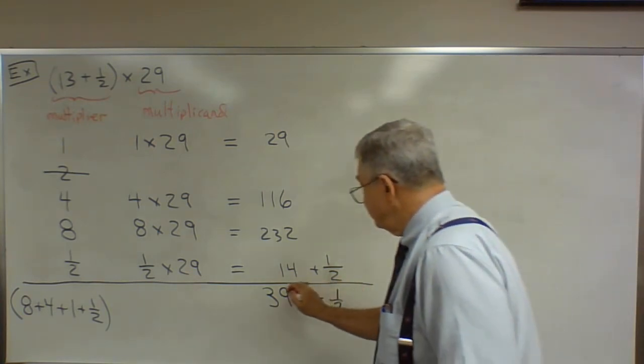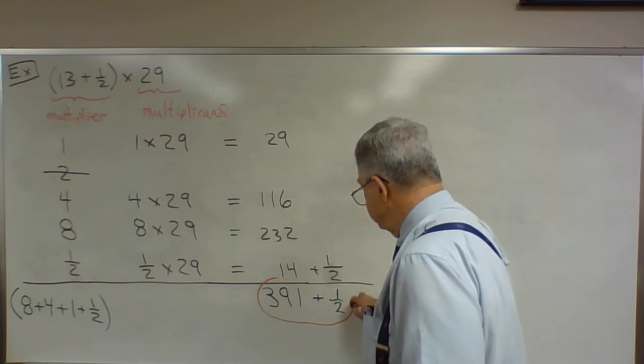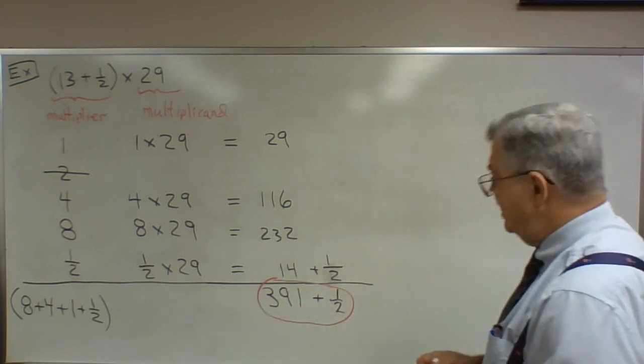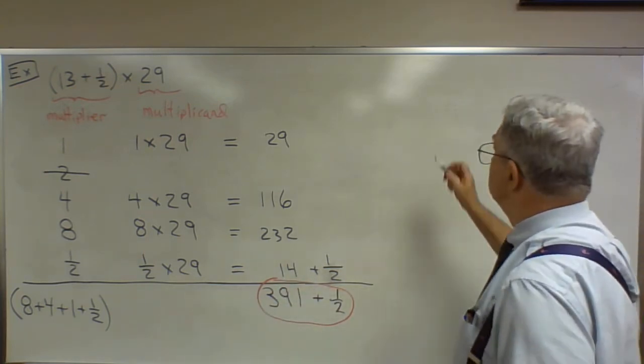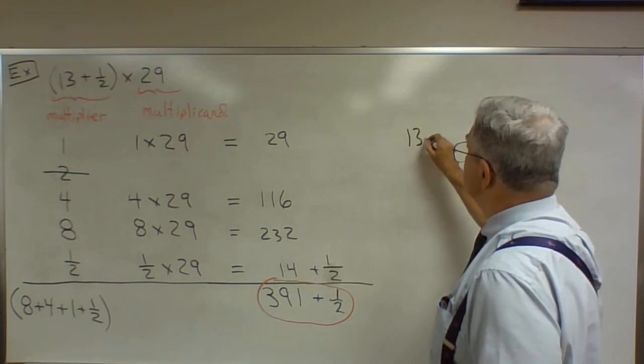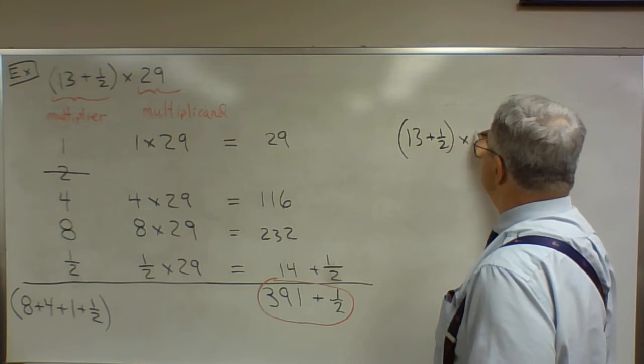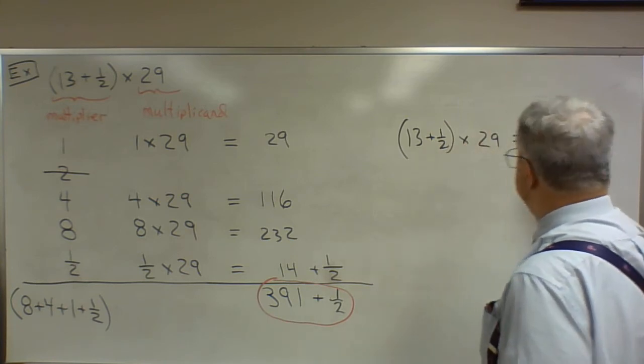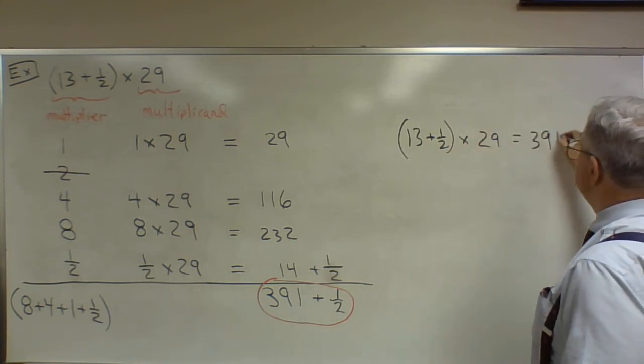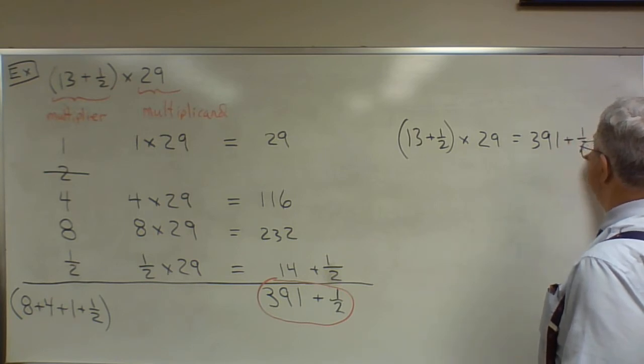This is our answer. 13 plus 1/2 times 29 is equal to 391 plus 1/2.